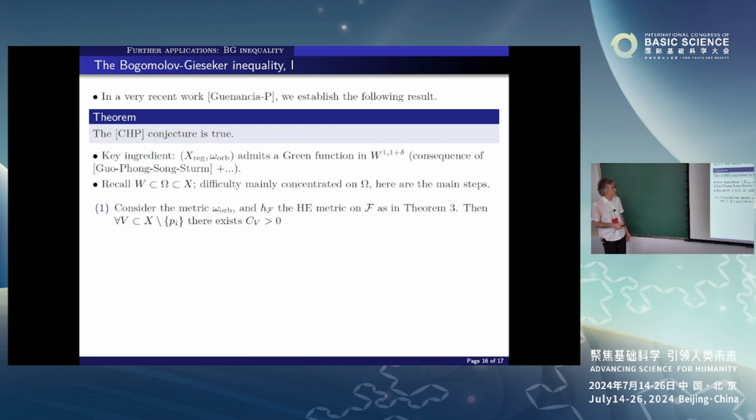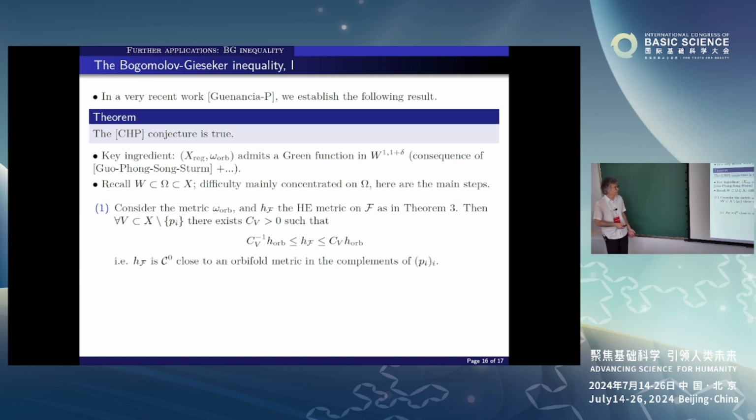And then the main steps of the proof are the following. This metric that we construct, the h_F, the Hermite-Einstein metric on F, has the following property: if we are given a set V contained in the orbifold locus, then our metric h_F is comparable with the orbifold metric on F. So even if the metric itself, omega theta, does not have orbifold singularities anymore, at least at the C0 level, h_F does the trick.